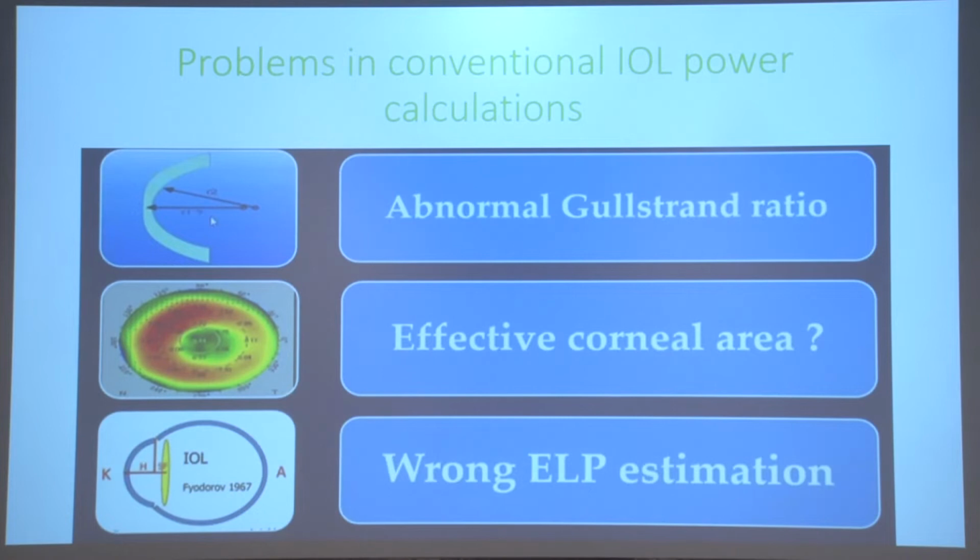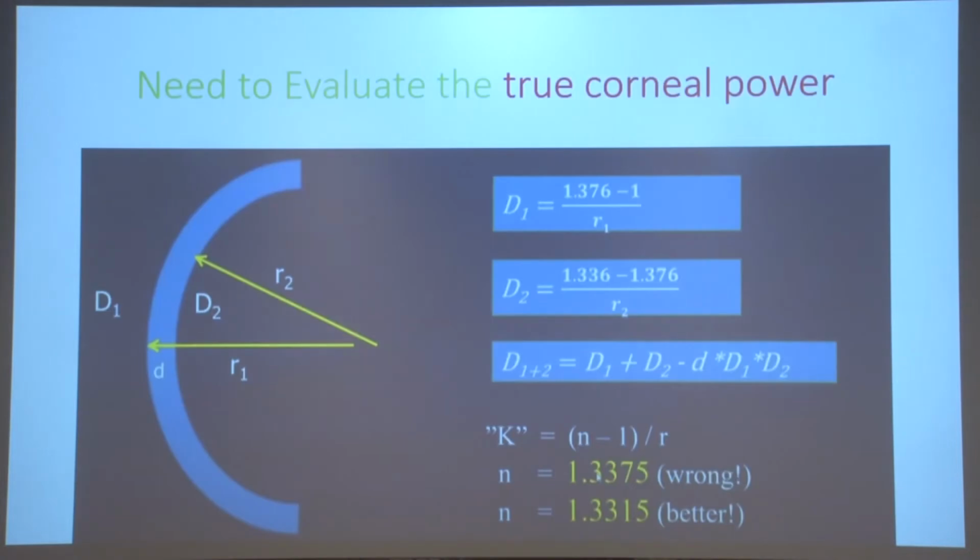Like I showed in the previous slide, there is an abnormal Gullstrand ratio. Effective corneal area is also very important, whether you are measuring which part of the cornea or whether you are interpolating the data in the visual axis. And of course, there is the wrong effective lens position estimation. So we need to evaluate the true corneal power.